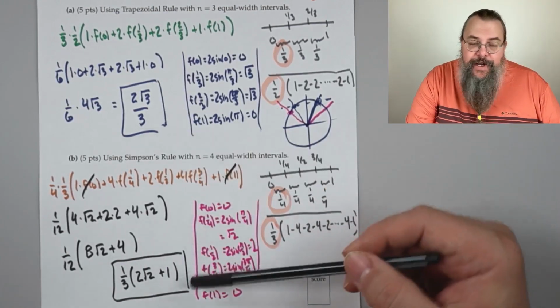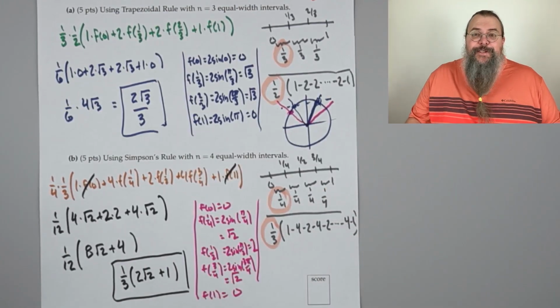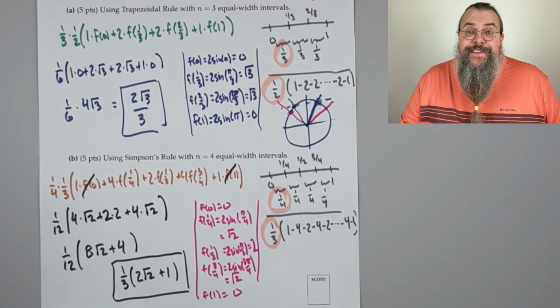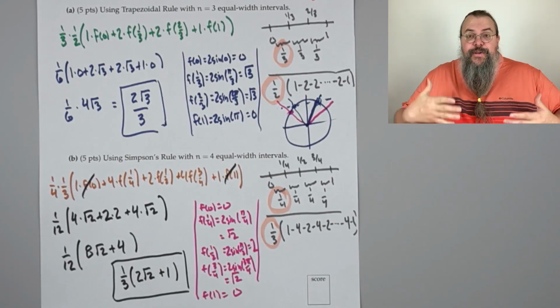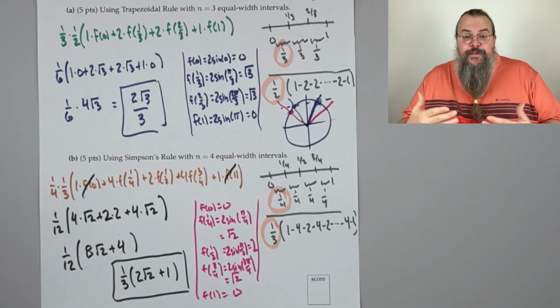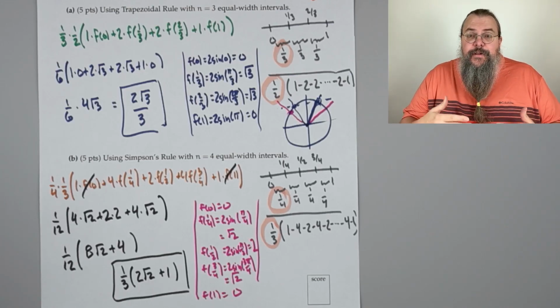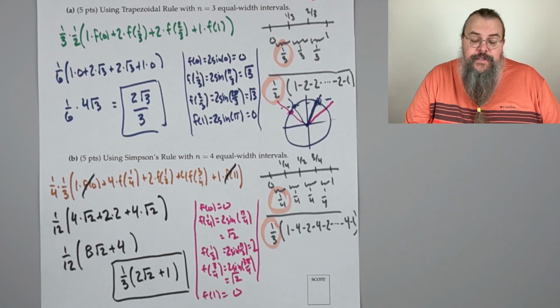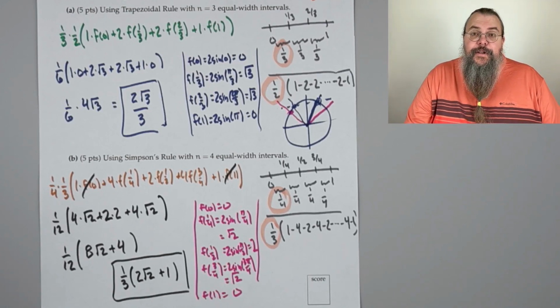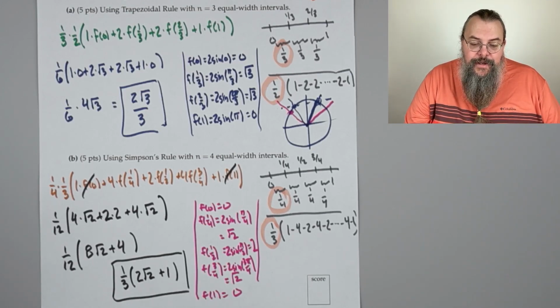Now, which one's the right one? No, that's not the way you think about approximation. Approximations are approximations. They're exactly that. Both are approximating what the integral should be, and it's not to say one is closer or further. It just depends. Whew.